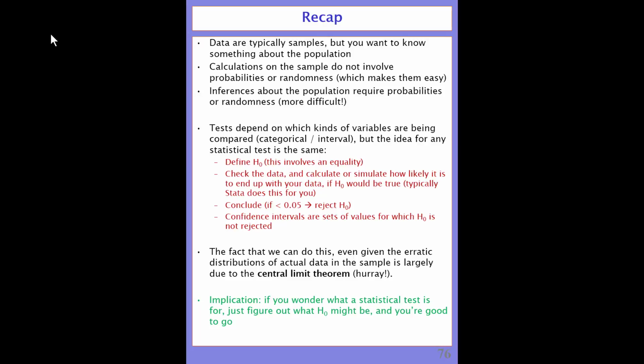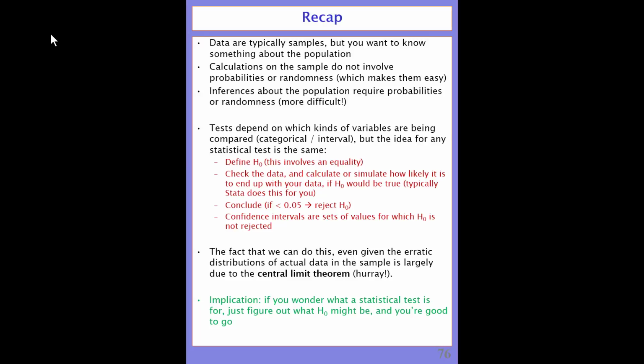Yes? Why do you choose to reject or accept... So the question is, why do we talk about H0 all the time and not so much about the alternative hypothesis? The answer is basically that the only one of the two where we can say something about is the one where we have an equality, the thing that we're using to figure out if we get weird data or not.